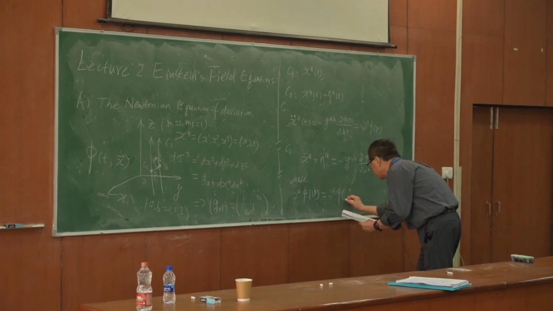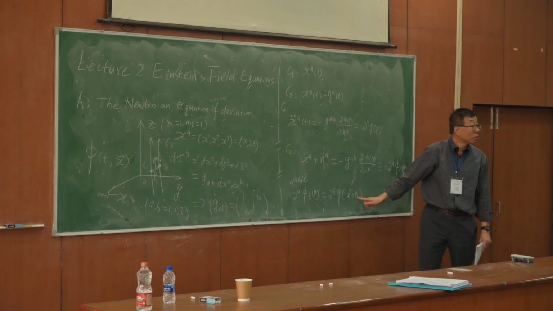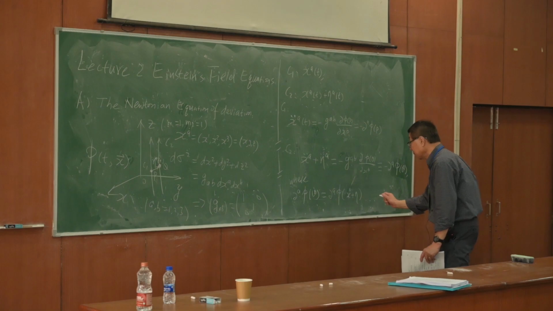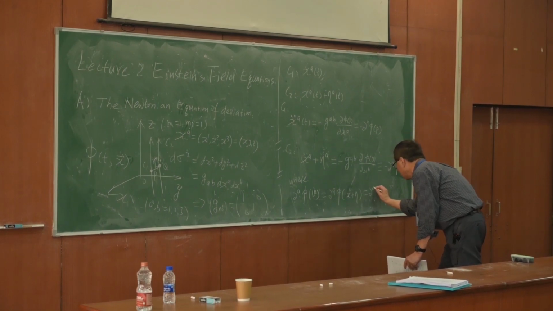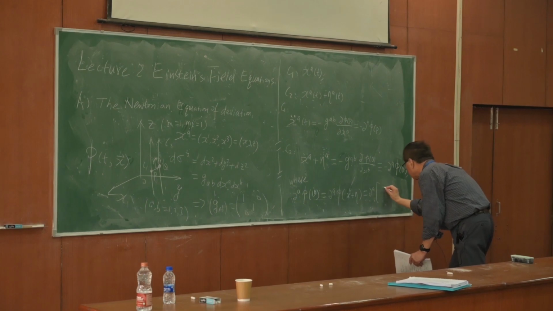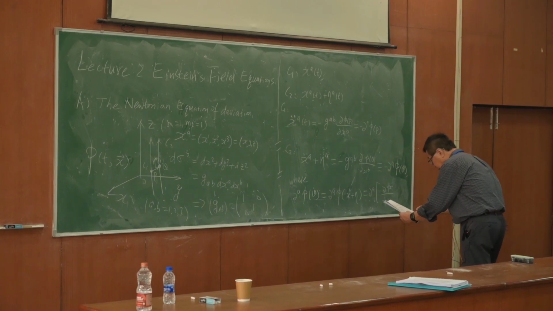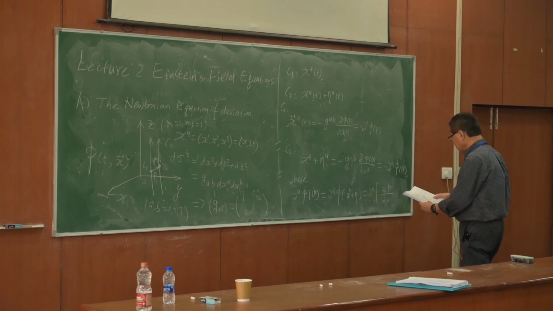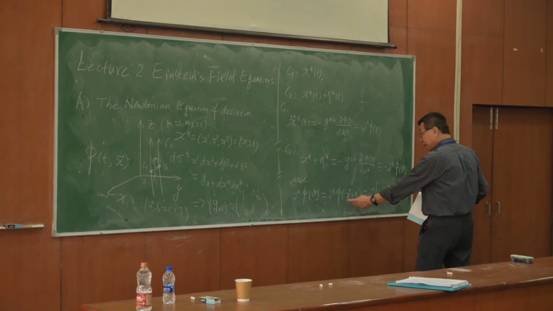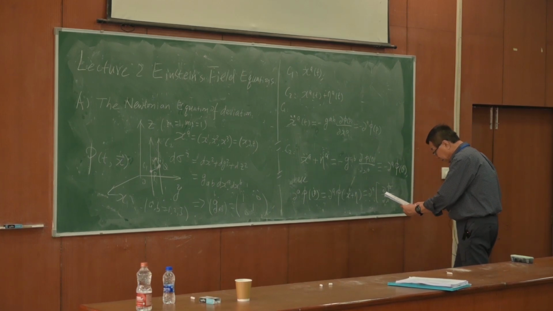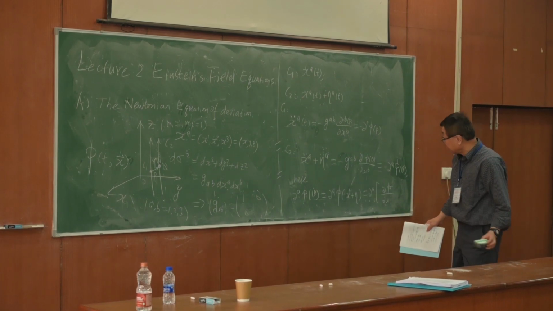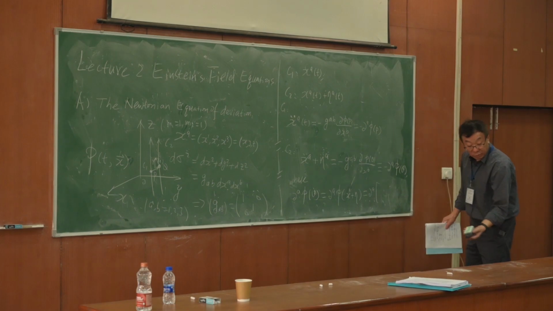So this actually is x plus eta, right? Eta is a very small quantity, so I'm going to expand it. This will give me d a phi dx. I'm going to expand this.